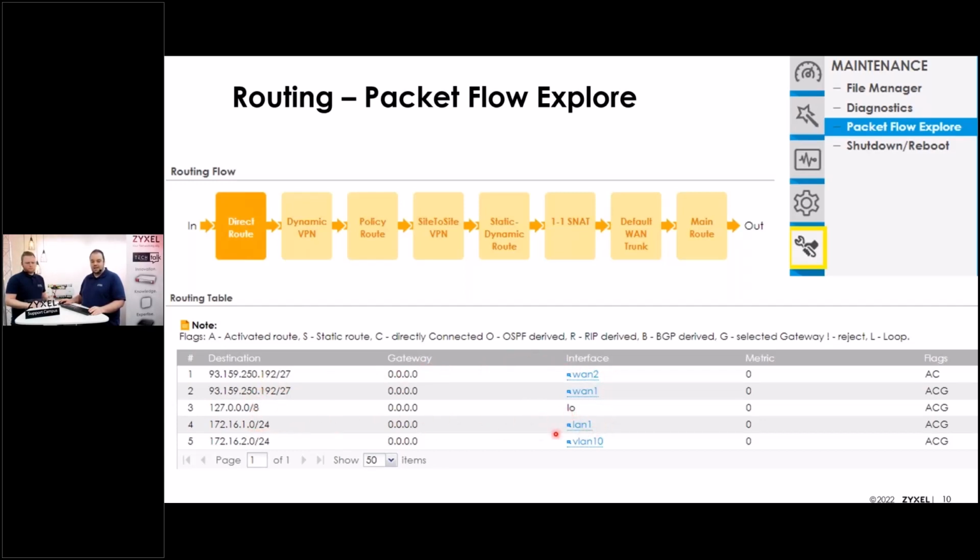We created a LAN 1 with an IP address and a VLAN 10 with another IP address. So going into the configuration, for example Ethernet interface, creating an interface, it will automatically be added as a direct route. Every IP configuration that I do on my interface, be it a WAN, LAN or VLAN interface, is shown here.